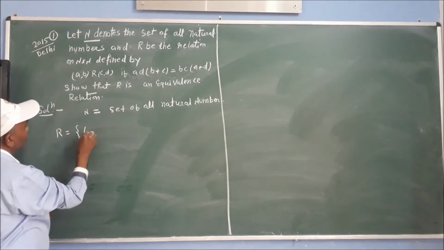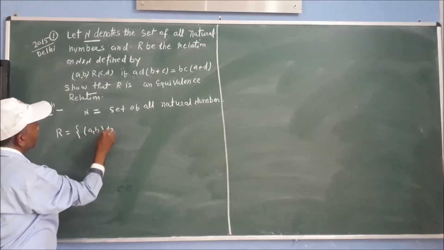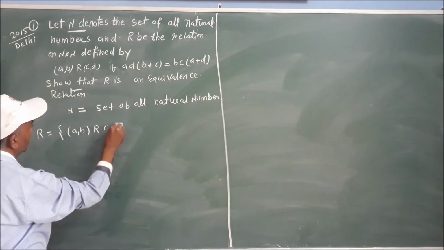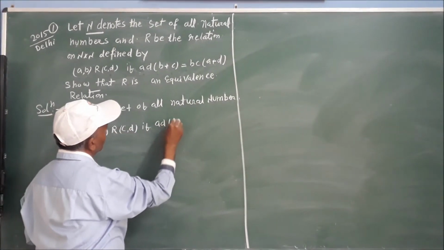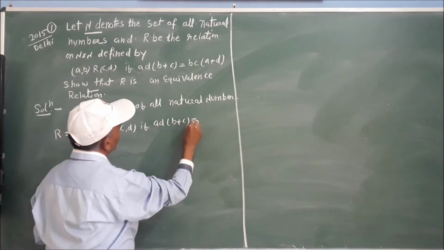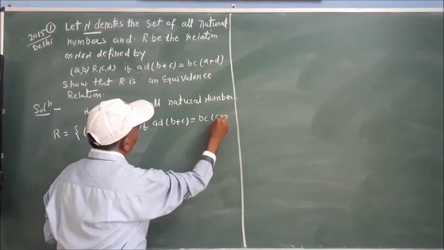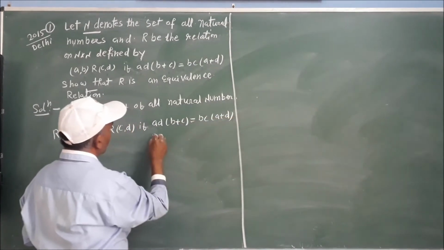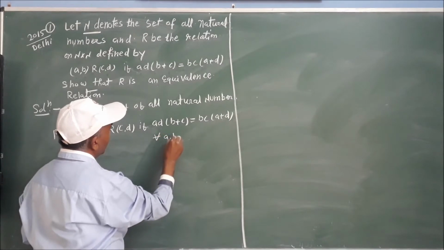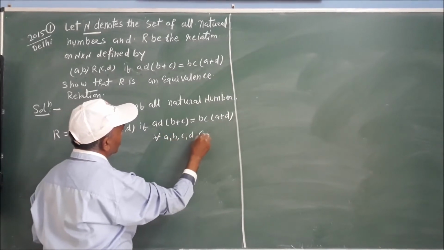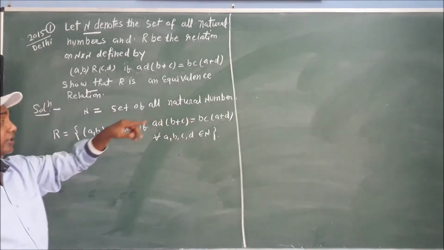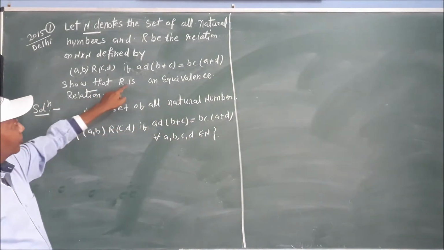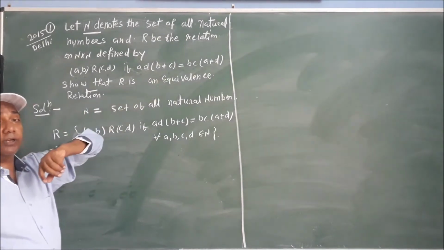R is equal to (A, B) is related to (C, D) if AD(B + C) = BC(A + D) for all A, B, C, D belonging to N. That means A, B, C, D are natural numbers. So we have to prove that R is an equivalence relation.